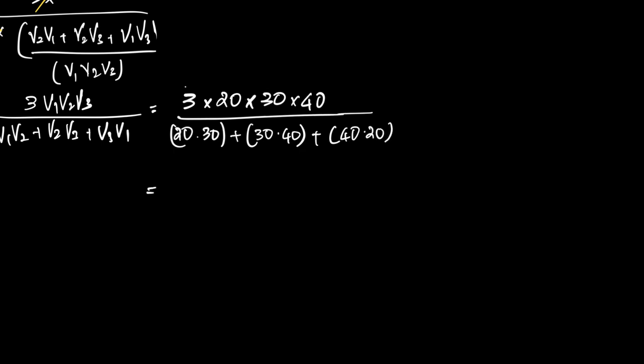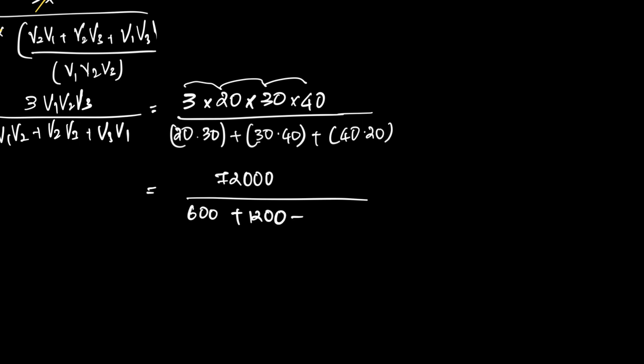So this would be 3 times 12 is 6, 18, 18 fours are 72, right? So we have 72,000, the whole upon 3 into 2 is 6, 600 plus 4 threes are 12, 1200 plus 4 twos are 8, 800.